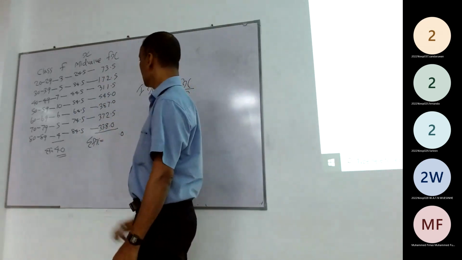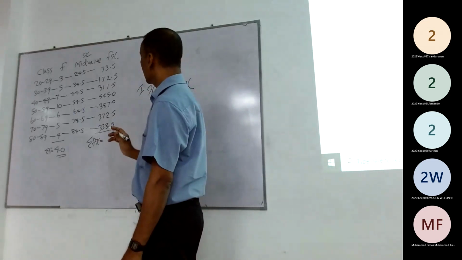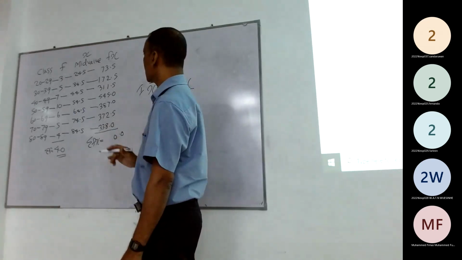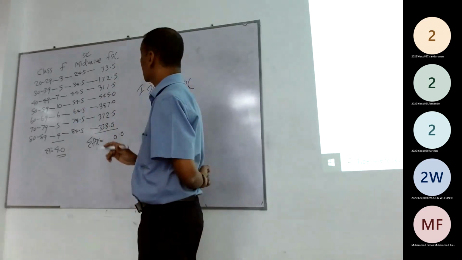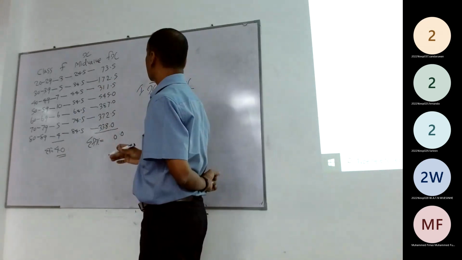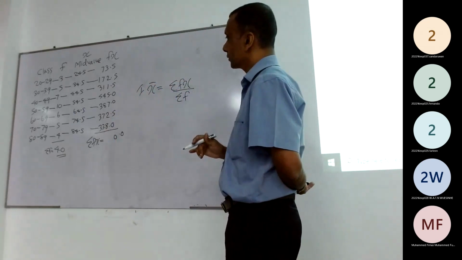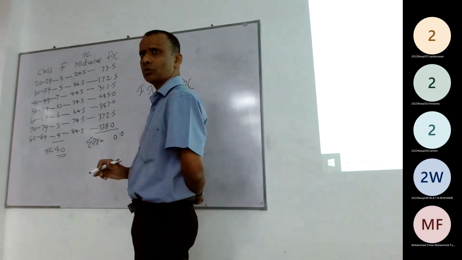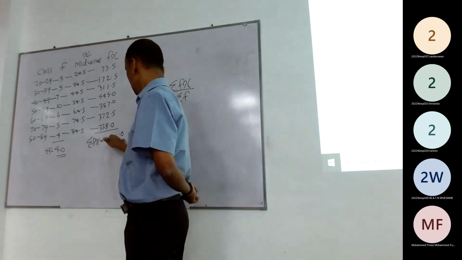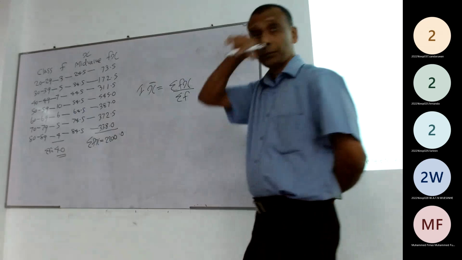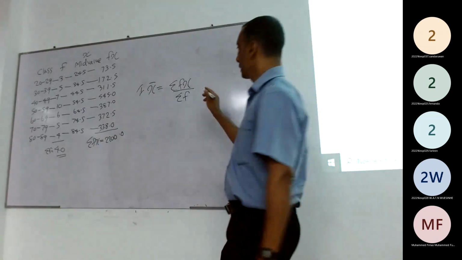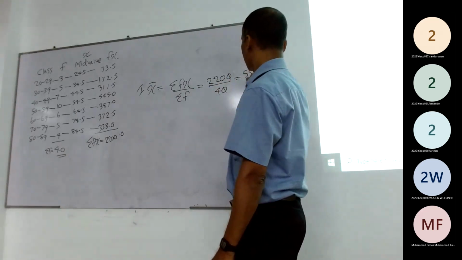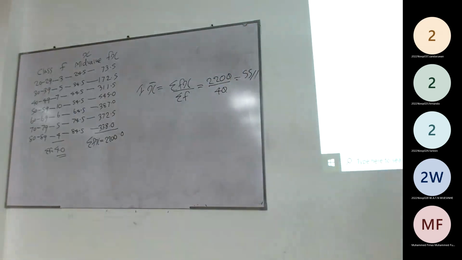It comes to 2200. Correct? Right. Then 2200 divided by 40 is 55. x bar is 55.